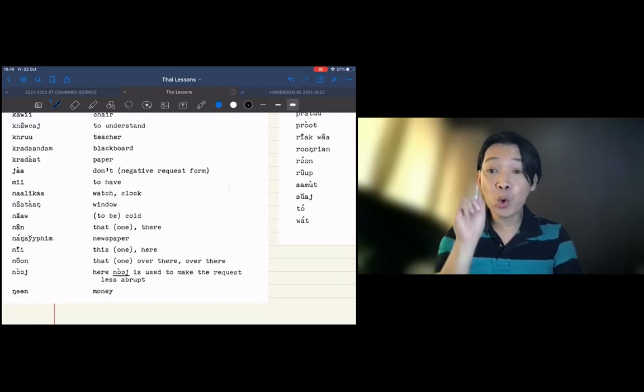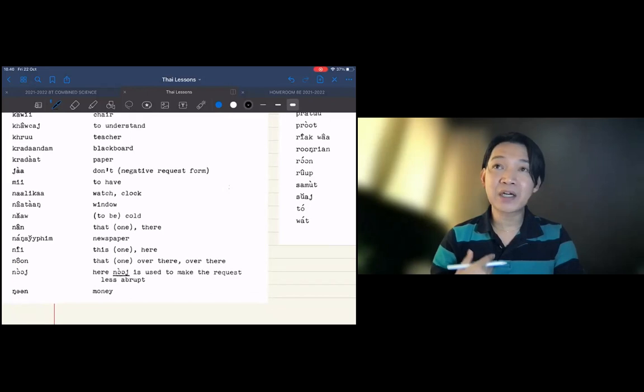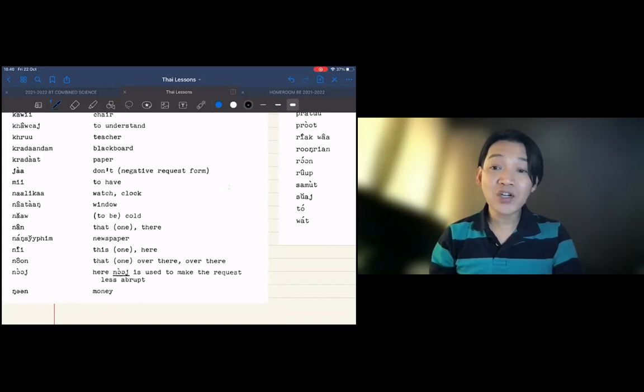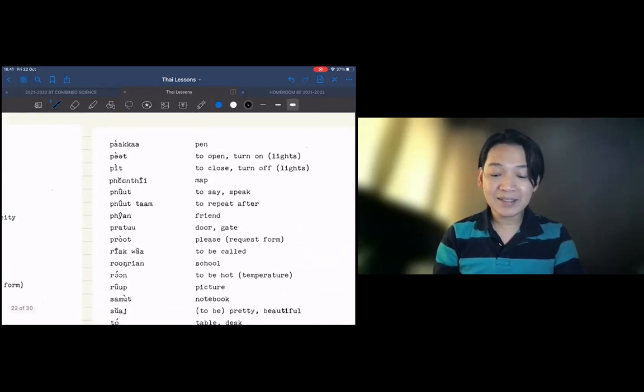And then non is over there, a little farther from the speaker. And then noi is a word for a request. So when you wanted to request something to make the verb a little more subtle, you use the word noi in the sentence. And then ngun is money. Paka is pen.